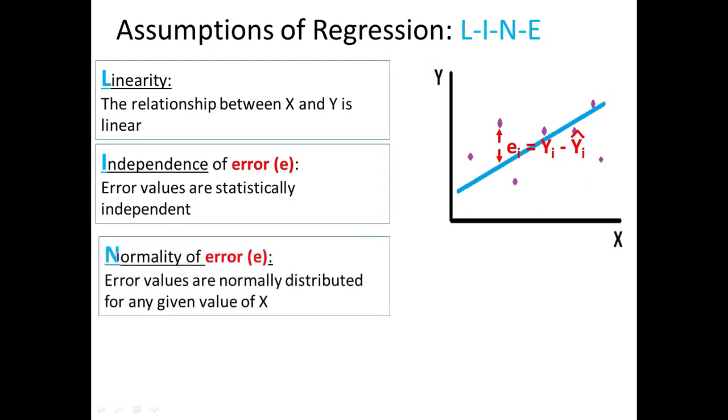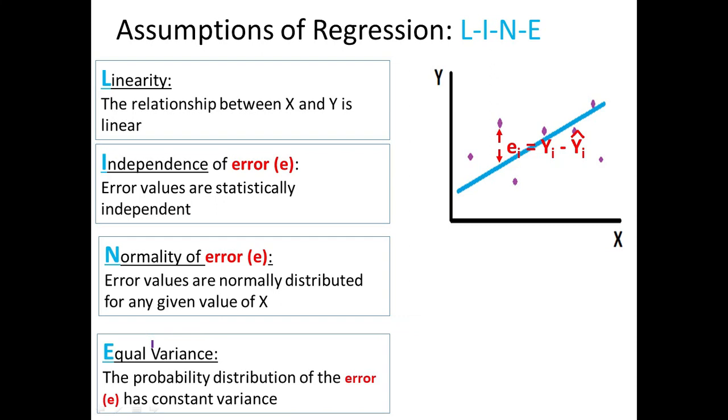Third, N, referring to normality of error. We have to make sure that the errors are normally distributed. The last one, E, referring to equal variance, which means the probability distribution of the error has constant variance, or equal variance.